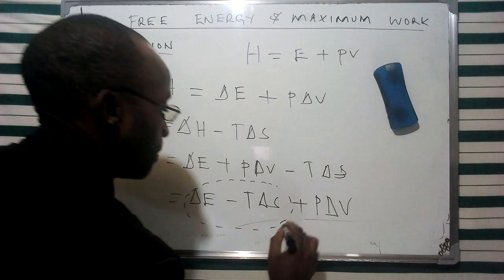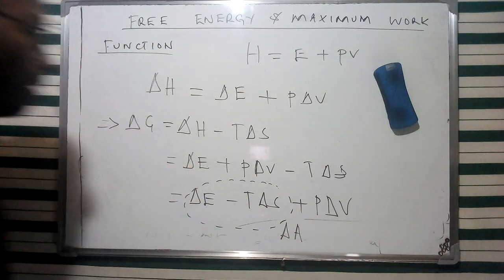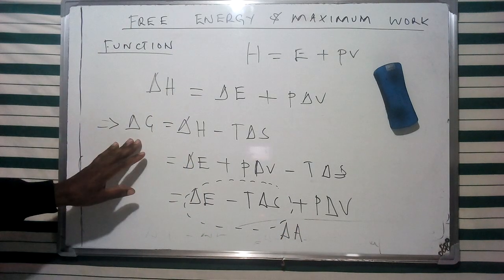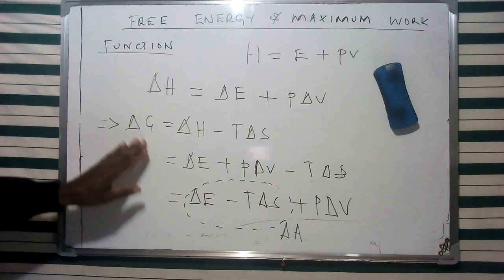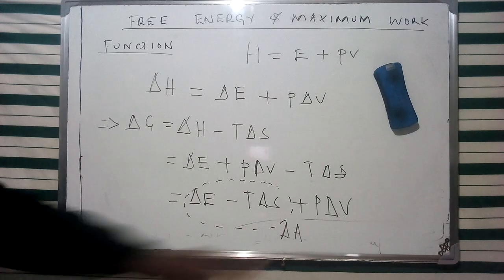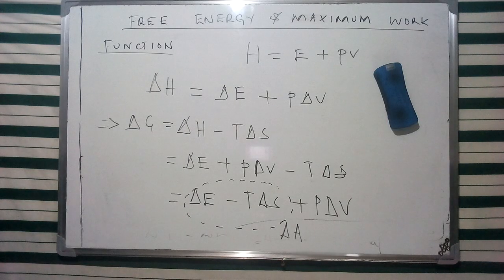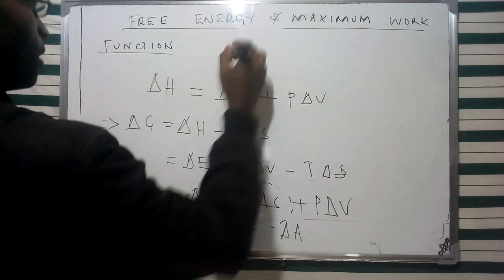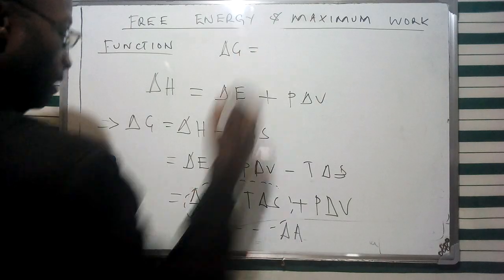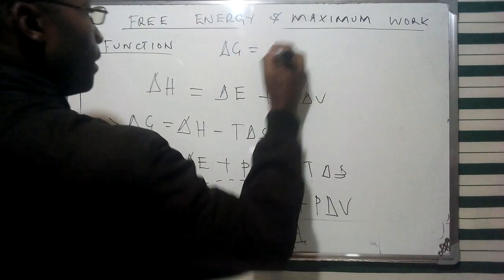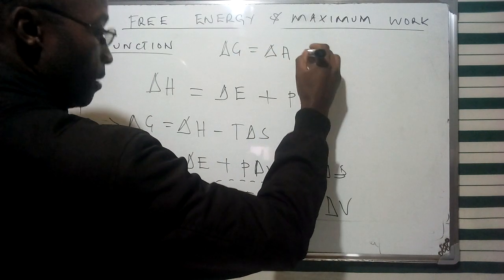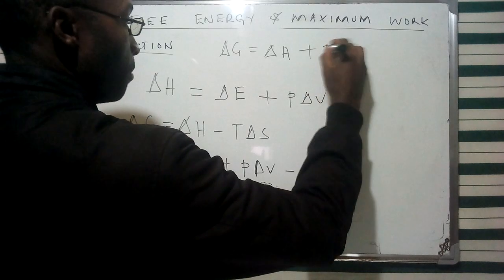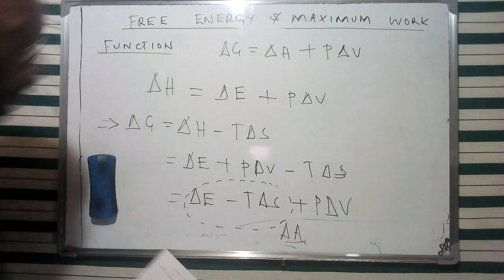So this particular section is going to represent delta A, and therefore we can develop a relationship between the Gibbs free energy and the Helmholtz free energy, which is delta G is equivalent to delta A, which is the Helmholtz energy, plus P delta V given as such.